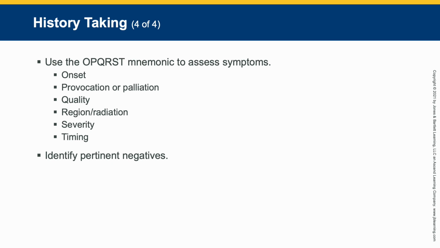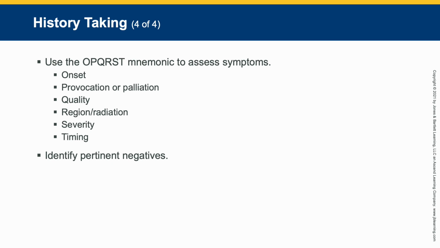P, provocation, palliation. What makes the pain better? What makes the pain worse? Provocation would be worse, palliation would be better. Q, quality. How does it feel? Is it sharp, dull, crushing, burning? You want to really have the patient use their own words, but you can give them a bunch of adjectives if they're having trouble finding the words.